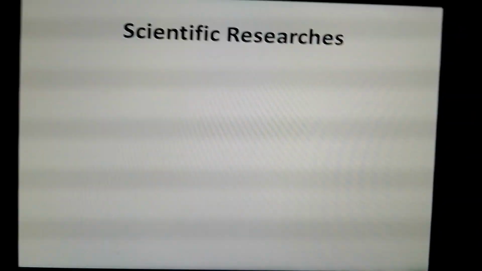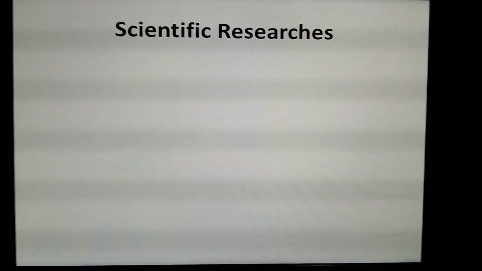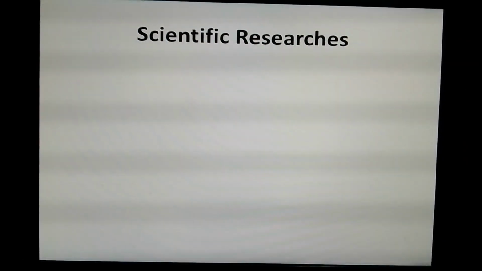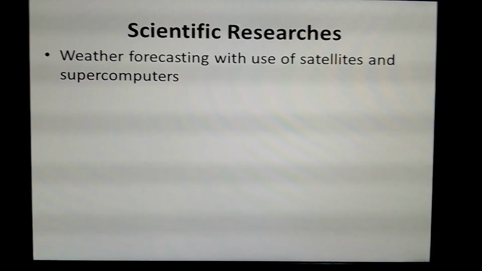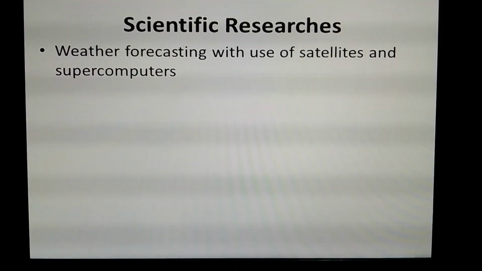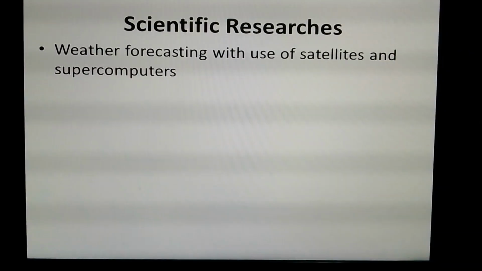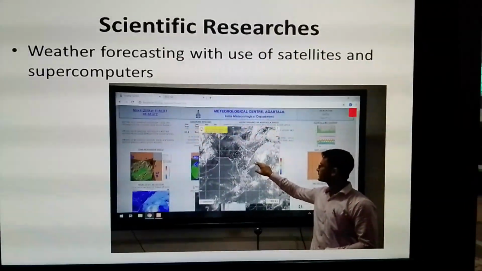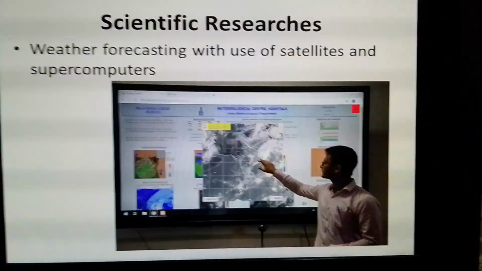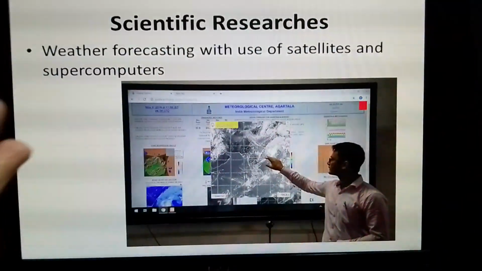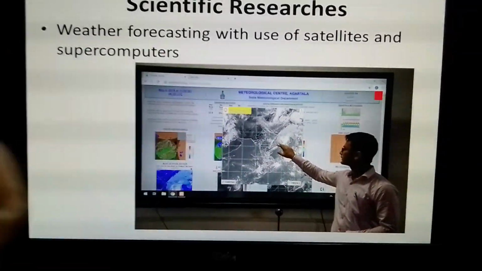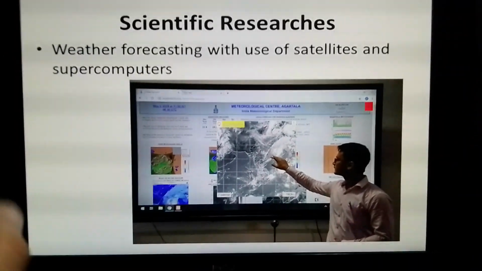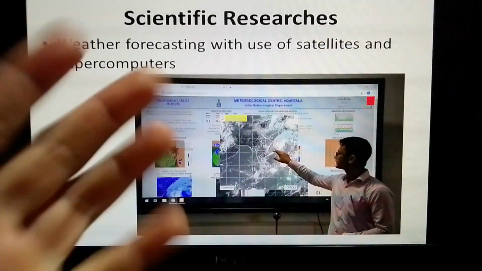Now next is how computers are used in scientific researches. Research is the study of some topic or subject in detail. In scientific researches, computers are used in weather forecasting. Weather forecasting is done with the use of satellites and supercomputers. A satellite is an object which revolves around the earth. It takes readings and pictures of the planet earth and sends them to the supercomputer.